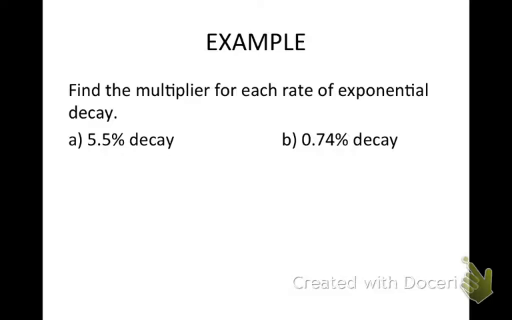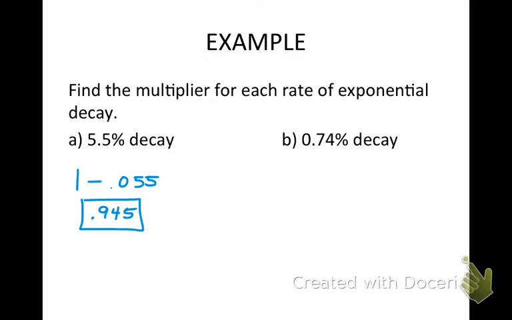Think about what 100% minus 5.5% would be. It'd be 94.5%, which is the decimal 0.945, or 1 minus 0.055, which is 0.945.